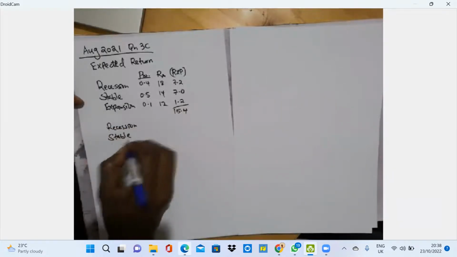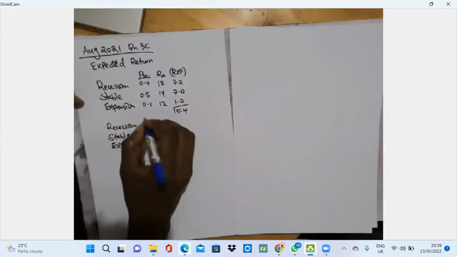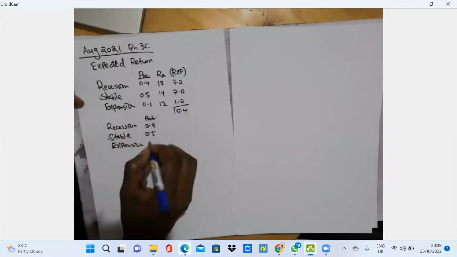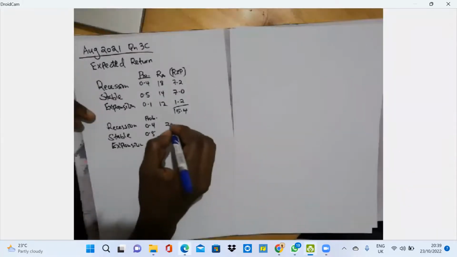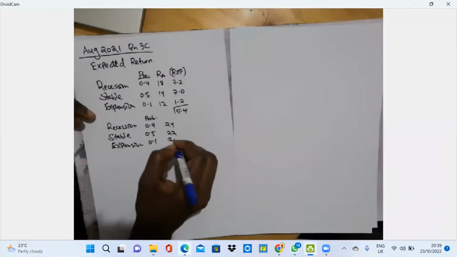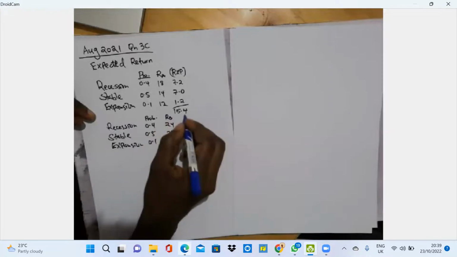For security B, we do the same. Recession, stable, and expansion. The probability we have 0.4, 0.5, 0.1, and then the returns of security B we have 24, 22, 21.